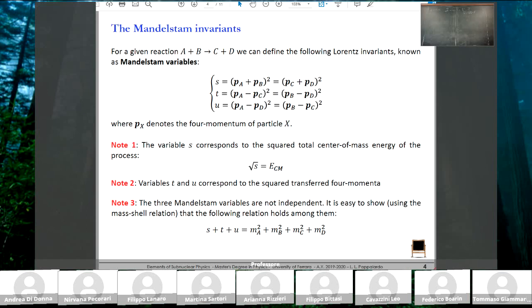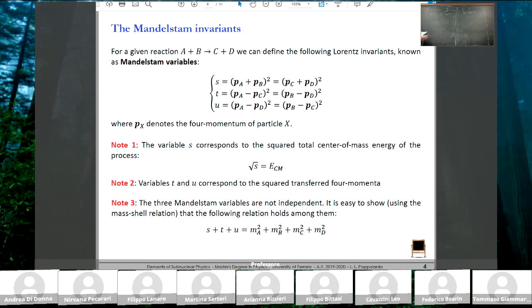Now let's consider first a simple case. It is the case where the two particles B and C are the same. So if B is equal to C, we have a simple scenario, and one example is the decay of the pi-zero meson into two photons. So the final state particles are the same.